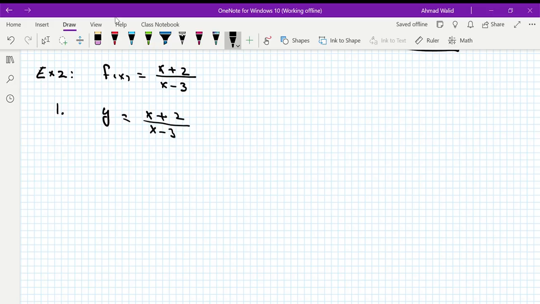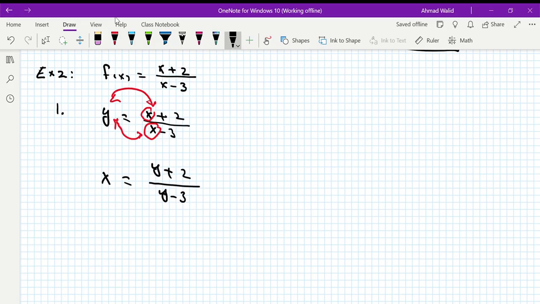Change f of x to y. Step 2, interchange x with y. Correct? It means you can write x equals y plus 2 over y minus 3.